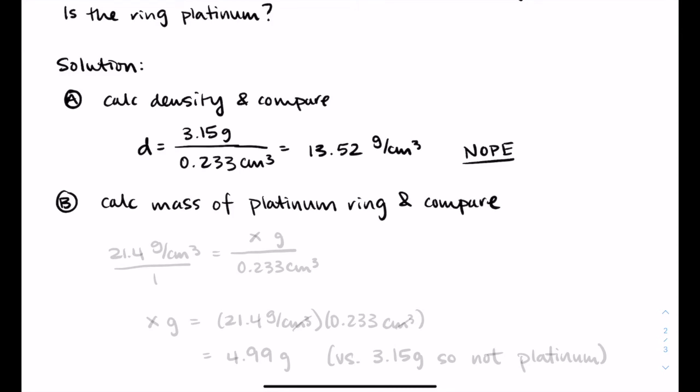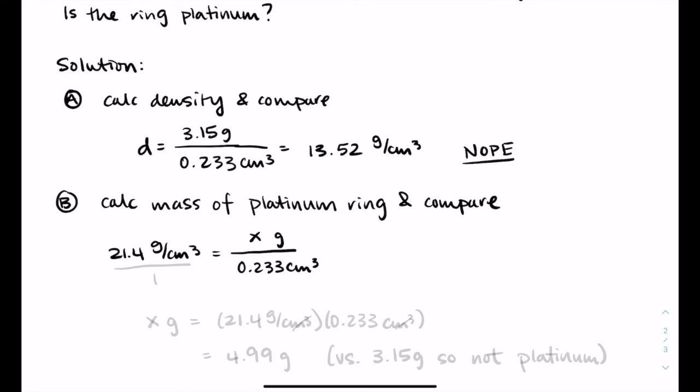So it just means that the unknown piece of information that we are looking for is in a slightly different spot. The density of platinum is 21.4 grams per cubic centimeter, and the volume of our ring is 0.233 cubic centimeters. And we want to know what the mass of this ring would be if it were platinum.